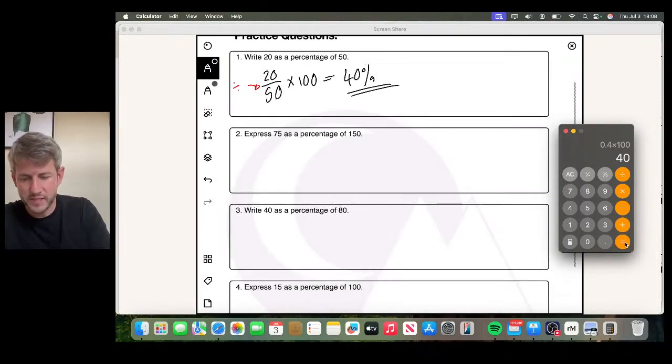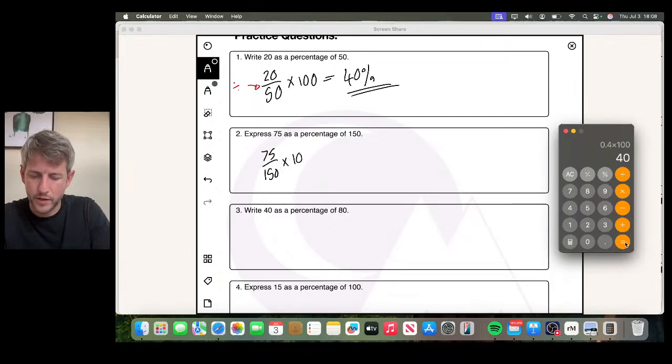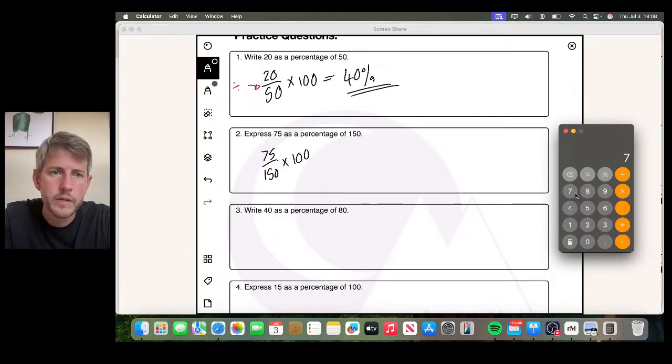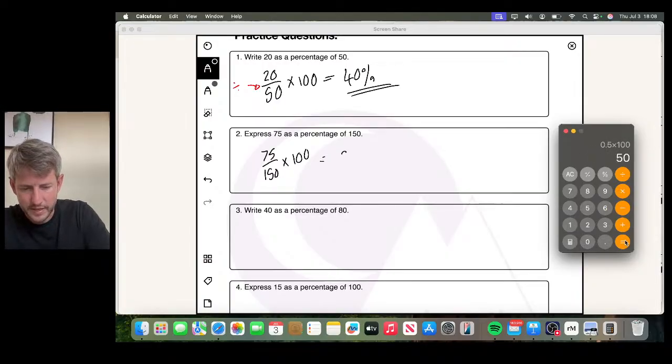Same thing again with this. So we've got 75 over 150, and then we're going to multiply that by 100. So 75 divided by 150 equals 0.5 times 100 equals 50. So that's 50%.